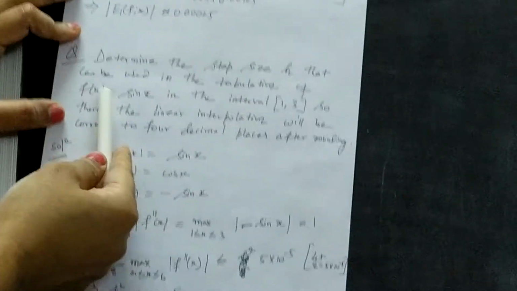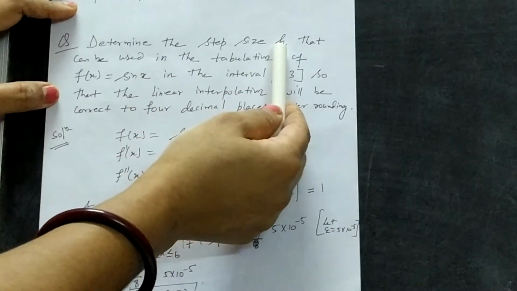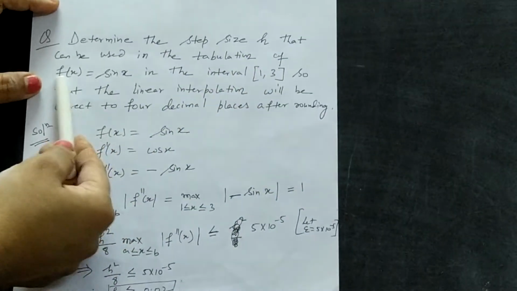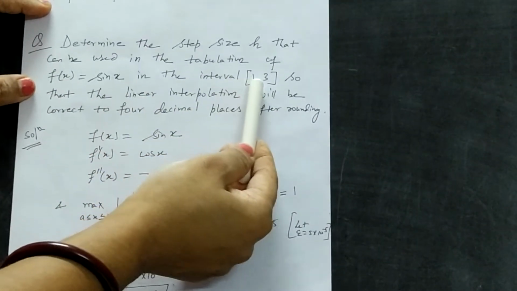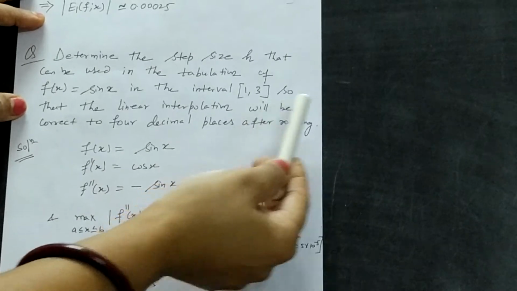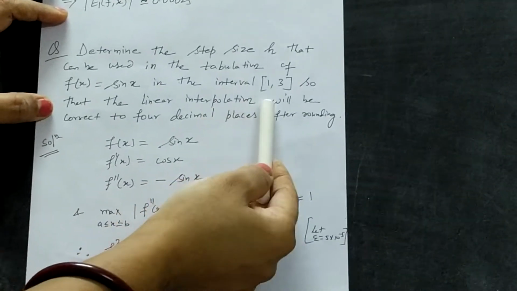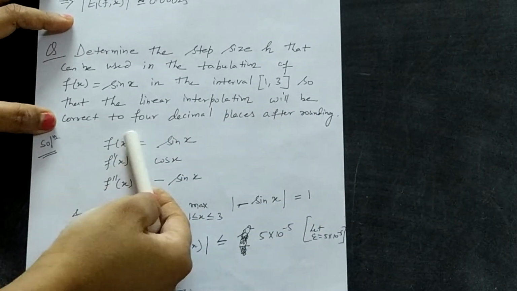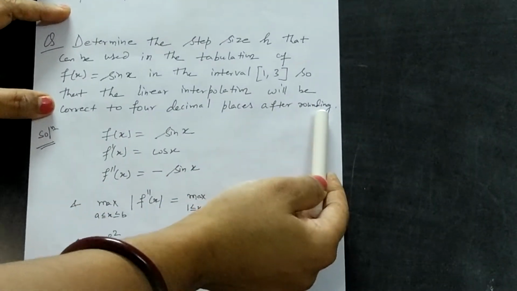Now another aspect is that we have to determine the step size h that we were talking about, that can be used in the tabulation of f(x) equal to sin x in the interval 1, 3, suppose. So that the linear interpolation will be correct to 4 decimal places after rounding.